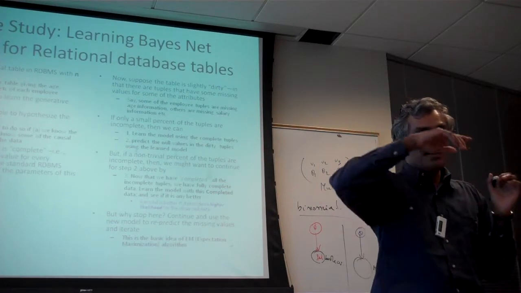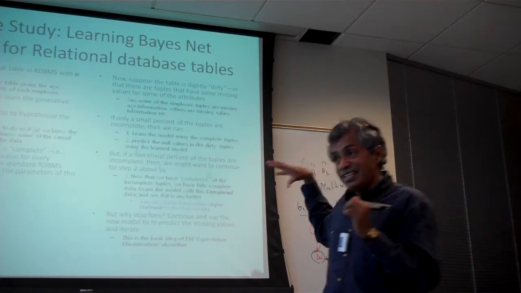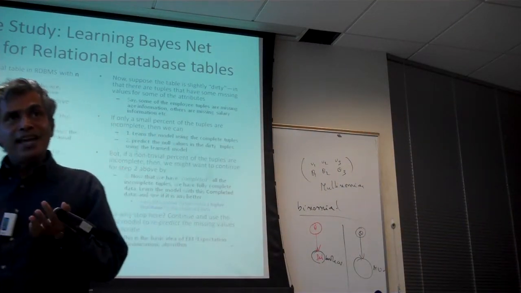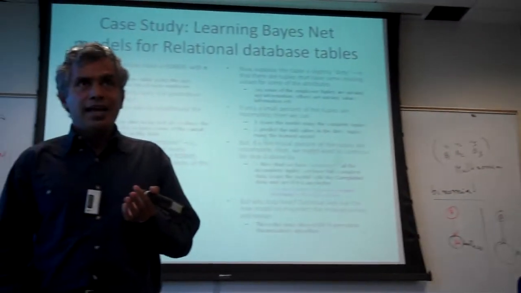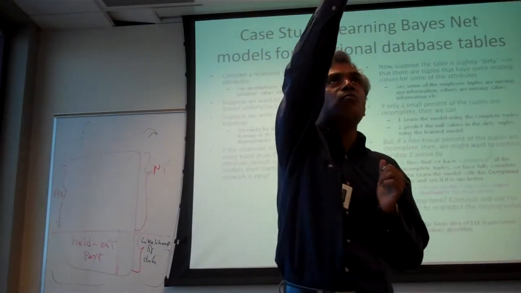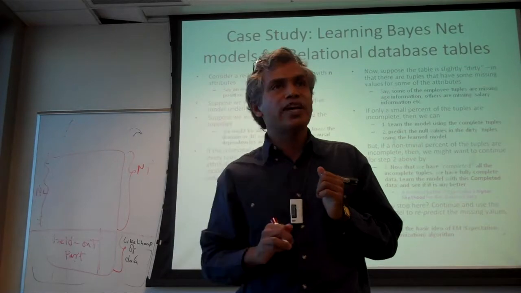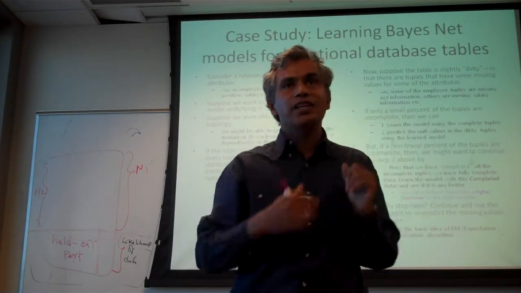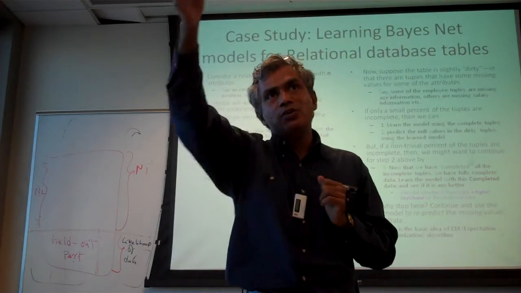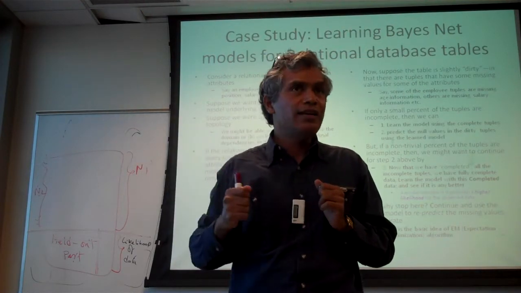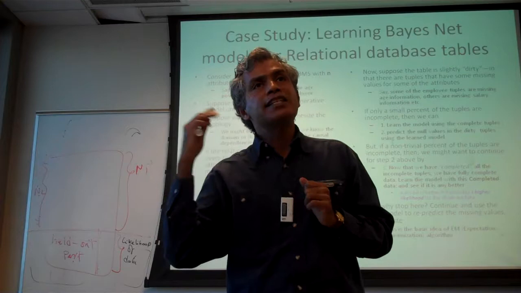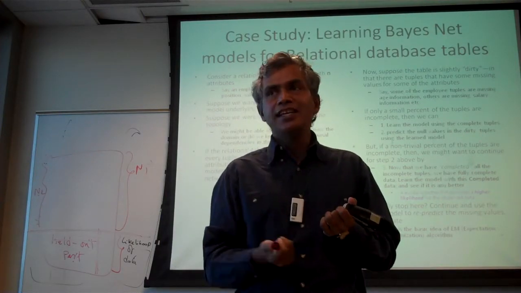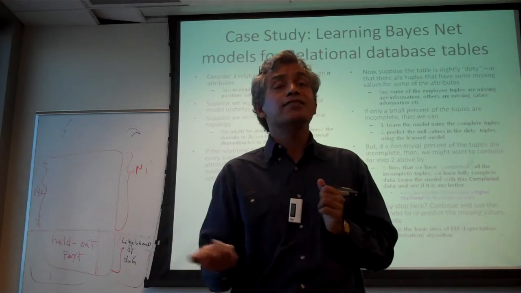So when you are completing the data, what are you doing? You have a Bayes network, and you have a tuple which has most of its values known, some values unknown. So you ask the Bayes network, here is the evidence of the tuple, which has A1 is this, A2 is this, A3 is this, A4 is this. Tell me what should A5 and A6 be? And the Bayes network will give you the posterior on A5 and A6.